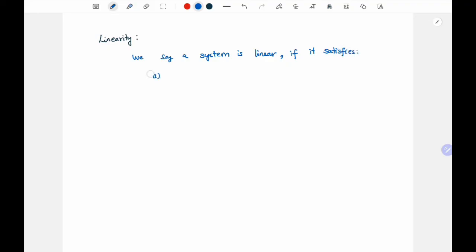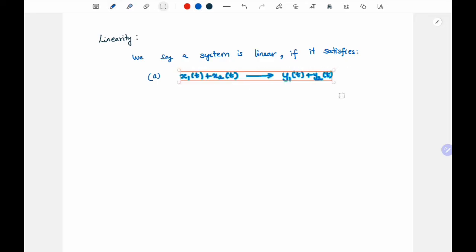The first property is x1 of t plus x2 of t. If you send in an addition of input signals, then it should give you an output which is also an addition of the individual outputs.